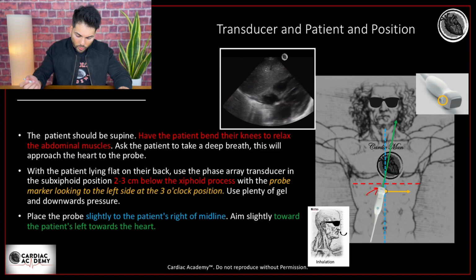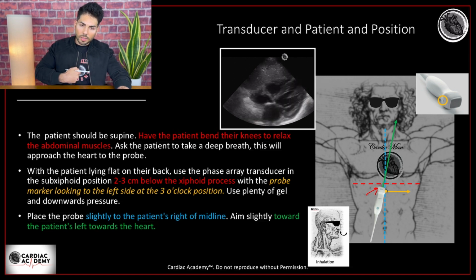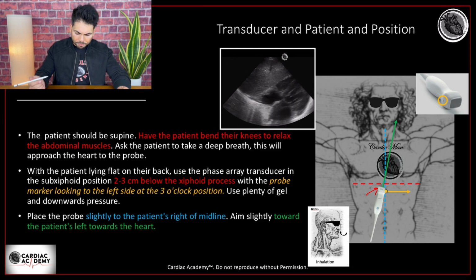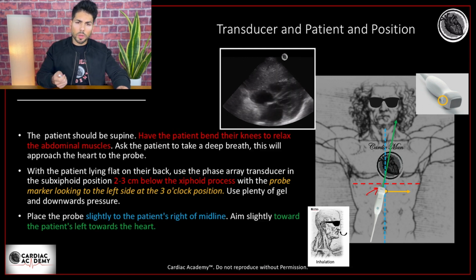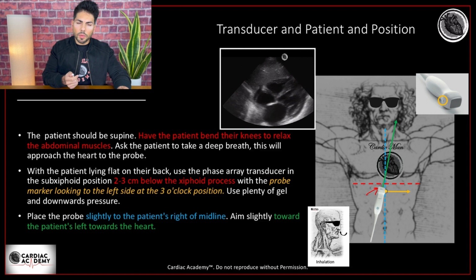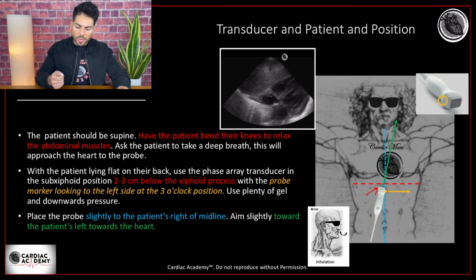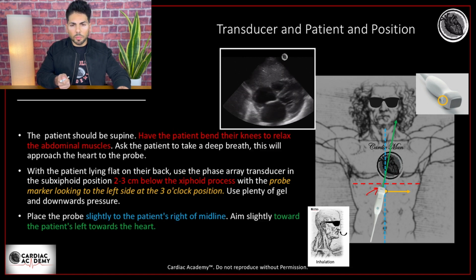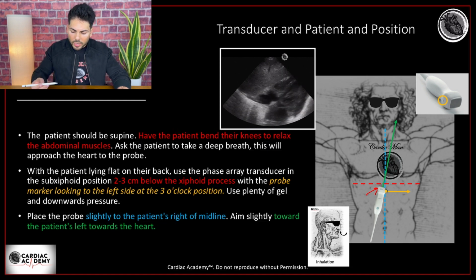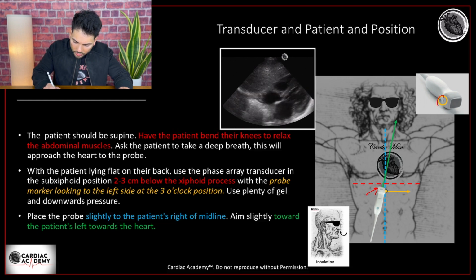So first, you're going to divide the abdomen into a right and left hemidiaphragm. You're going to put your probe more toward the right side of the patient, and then the probe should look slightly towards the left of the patient, okay? Remember that each probe has a probe marker or indicator, which we see here.